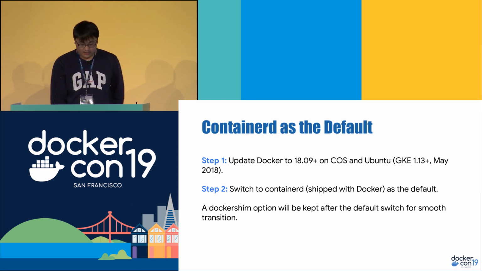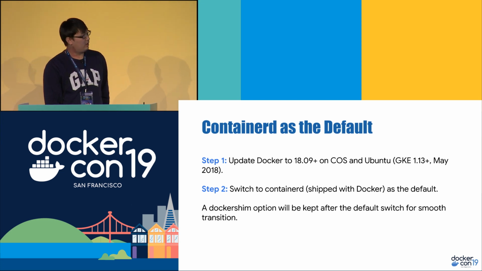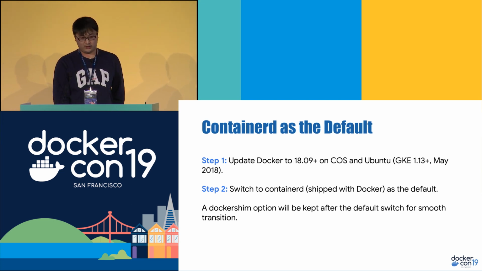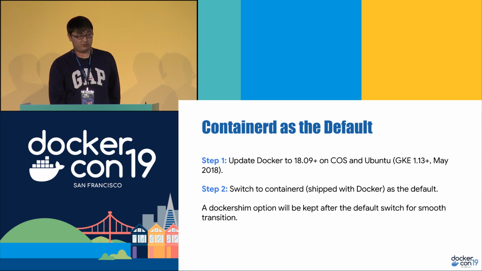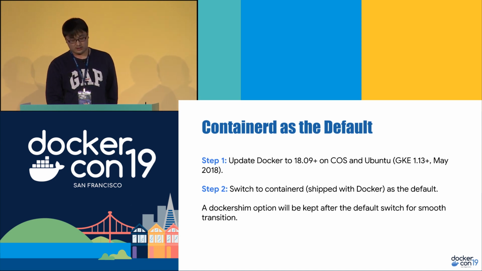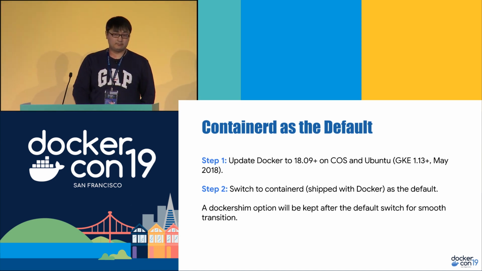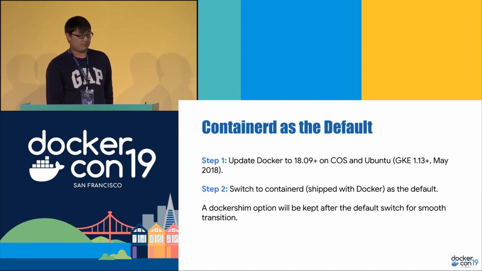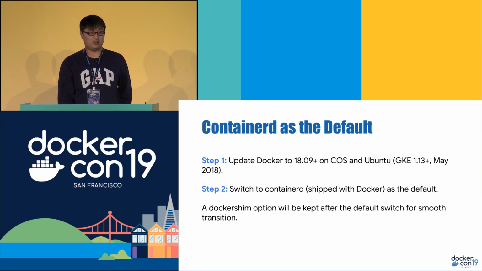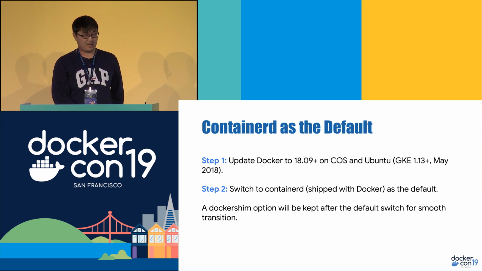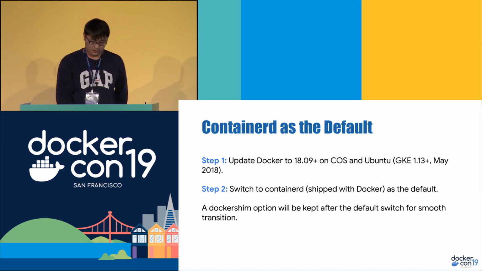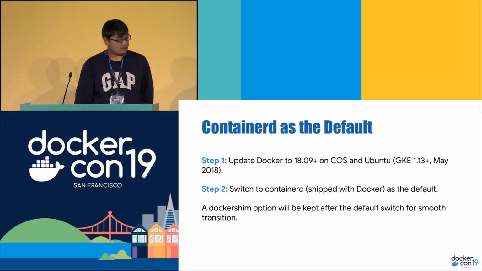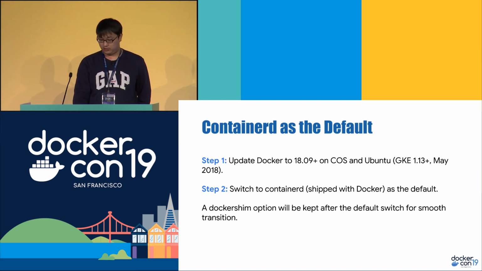And then after that, at some point, we will switch to Container D, which is shipped with Docker. Switch to Container D as the default runtime, and after that, we will still keep a Docker shim option for a while during the switch, because some users may build their toolings around Docker today, and they may need some time to switch to Container D. So that's Container D support in GKE today.